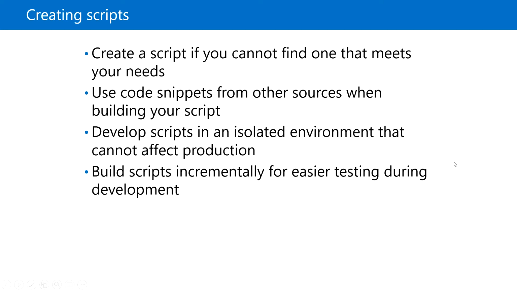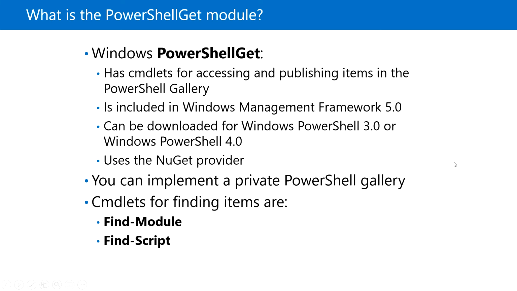So next we'll see what is the PowerShellGet module. The PowerShellGet module includes commandlets for accessing and publishing items in the PowerShell gallery. So this module is part of the Windows Management Framework 5.0.